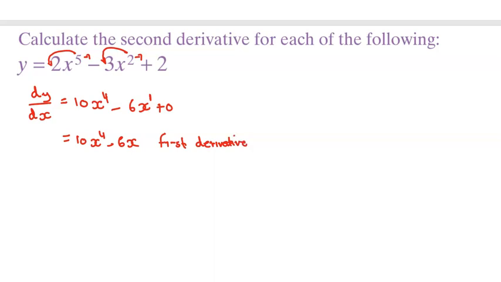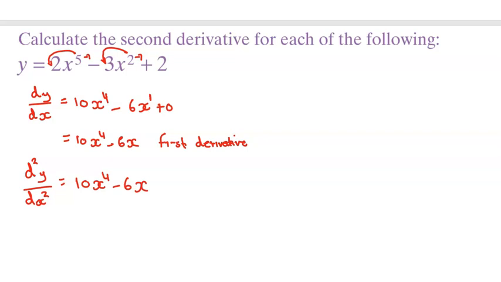Now, let's check out the second derivative. By second derivative I mean d squared y over dx squared, so we are doing the second differentiation. We are differentiating the same thing, 10x power 4 minus 6x.